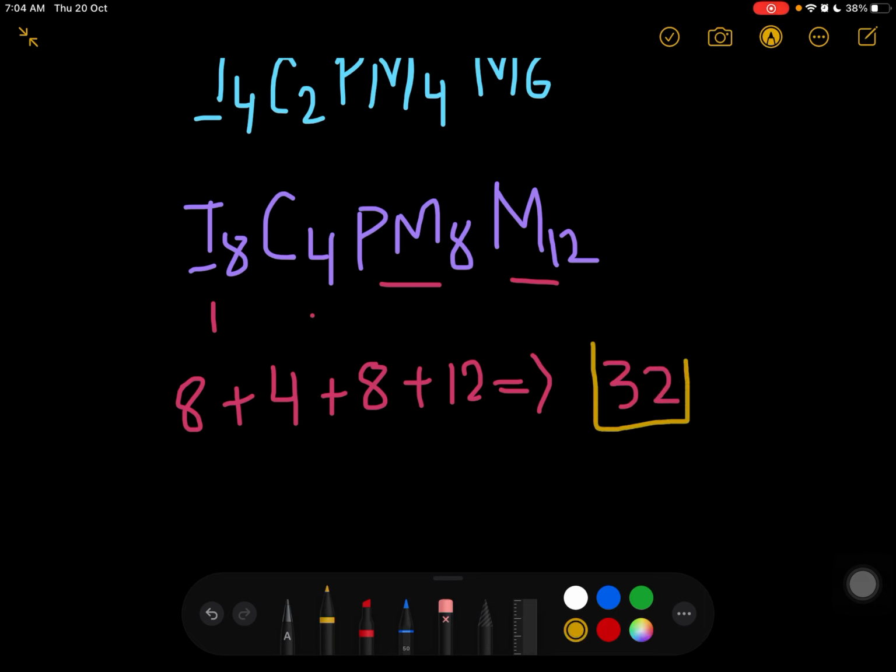So the total number of teeth in adults is 32, in which 8 are incisors, 4 canines, 8 premolars and 12 molars, right? So this is the general formula.